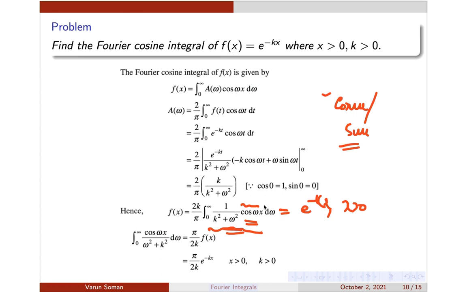These are just some simple techniques to do the problems here. This is some idea which you can use to simplify some problems. Even if you do the problem in terms of the Fourier integral, the answer would be the same here, because here f of x is actually 0 there, but it's no issue.